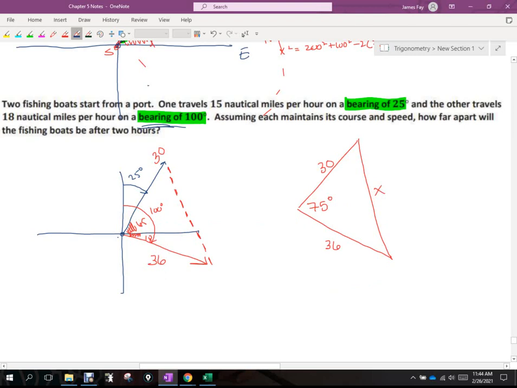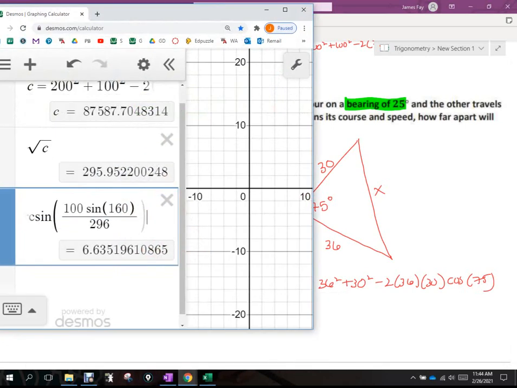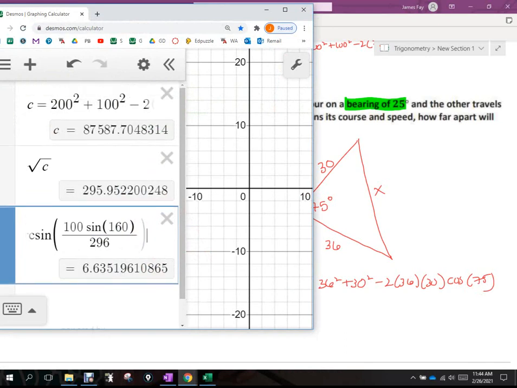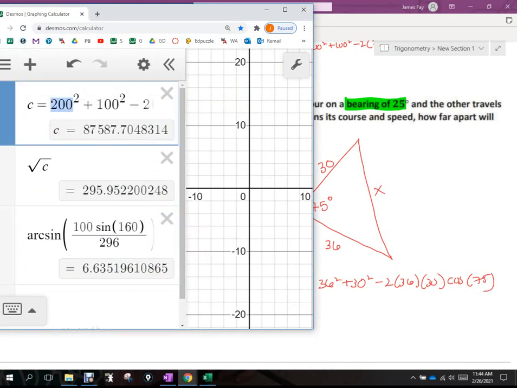Okay. So we're going to find x squared is equal to 36 squared plus 30 squared minus 2 times 36 times 30 cosine of 75.